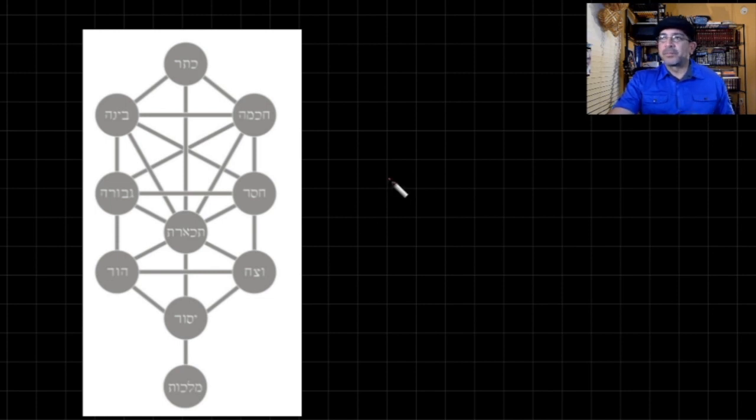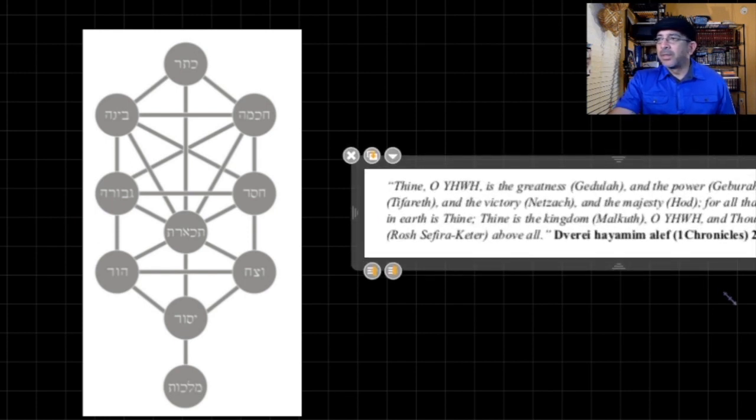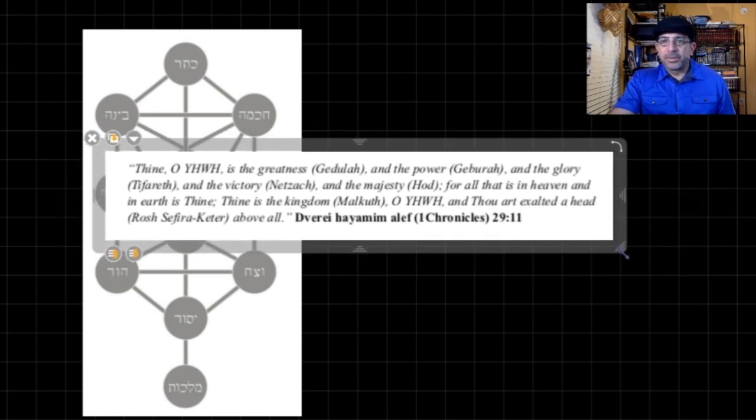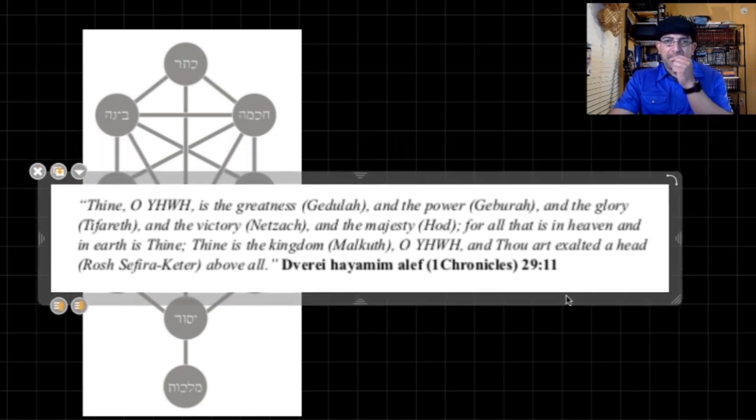Where is it? Well, let me put this a little bit bigger, so you can read it. Basically, you're gonna find it in different places, but this is one of the places where it's more explicit.